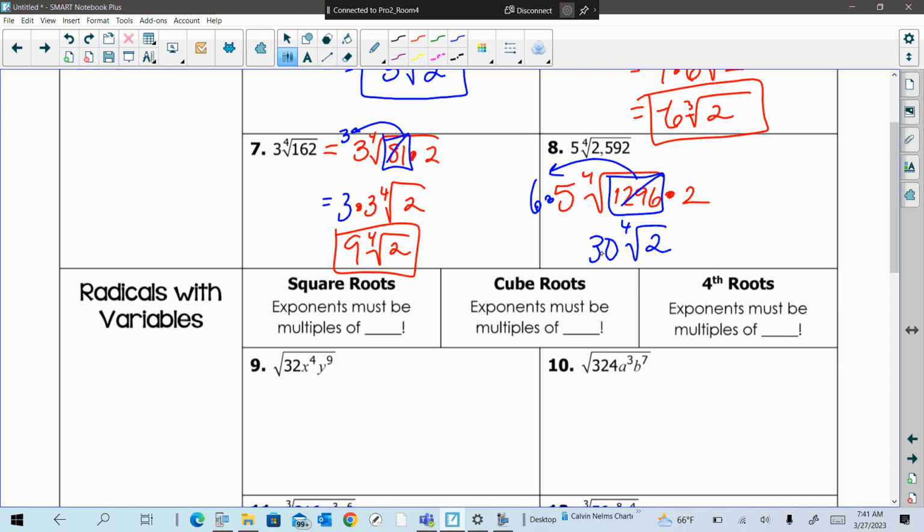Now, for radicals, when you're taking the roots of variables, whenever you have exponents, for square roots it must be a multiple of 2. For cube roots, it must be a multiple of 3, and for fourth root, it must be a multiple of 4.